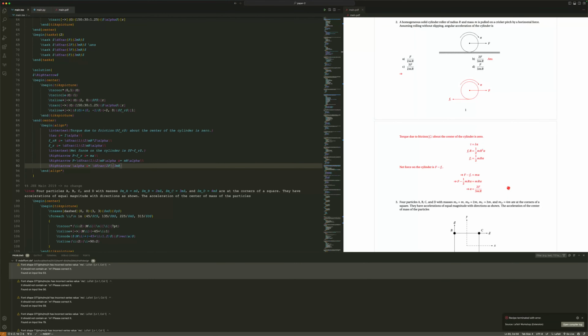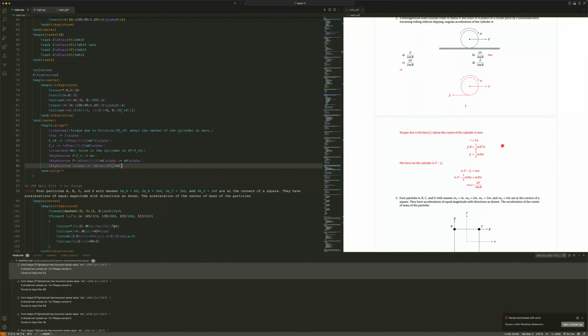That would be a much better, much more elegant solution. We can solve this in only a few lines, two or three max. So pure rolling, and torque is equal to I alpha. That means we can find the torque.